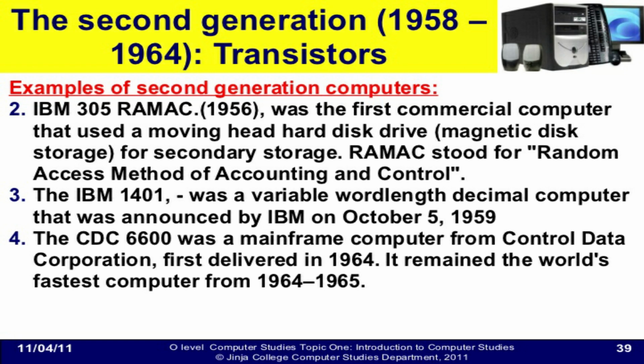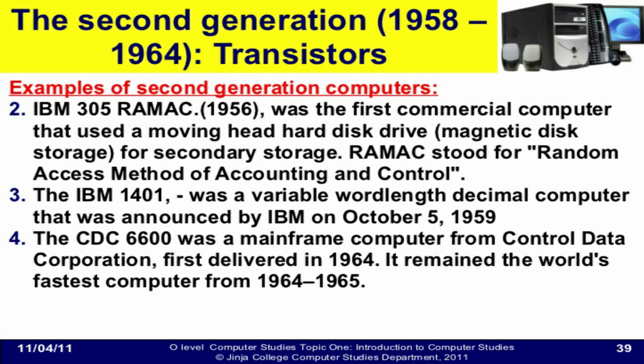The second, IBM 1401, was a variable word length decimal computer that was announced by IBM on October 5, 1959.